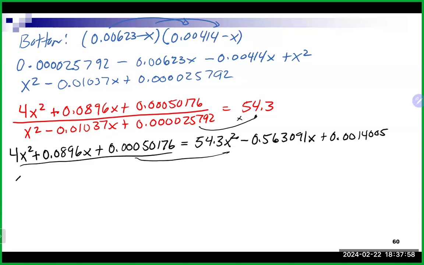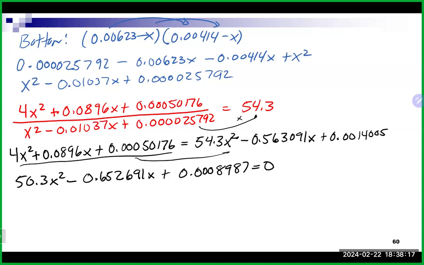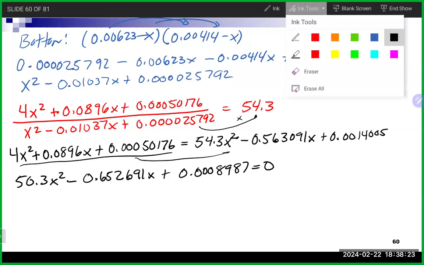Gives you 50.3x squared minus 0.652691x plus 0.0008987 equals 0. Dare I say, we have our A, B, and C finally through our stuff.